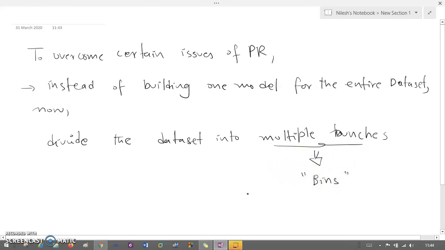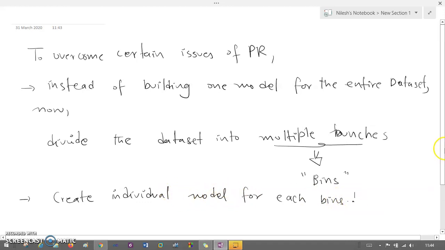Okay, or you can say multiple bins. So these are the bins. And then you can create an individual model, or a separate model, for each bin.